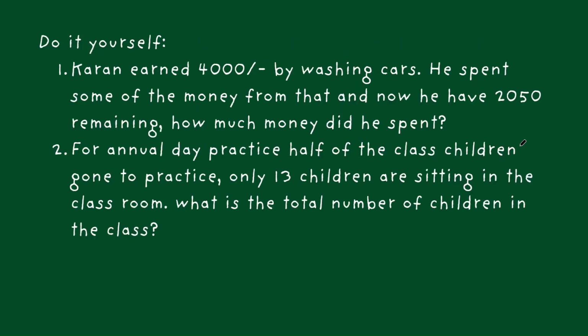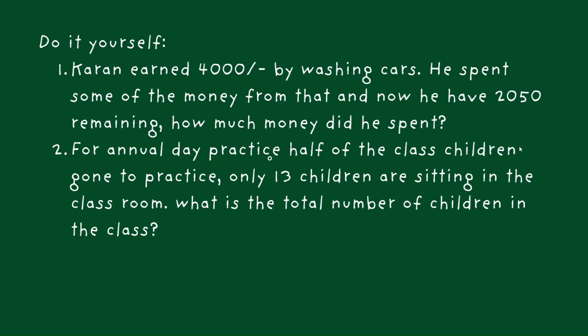Next, do it yourself. You have to derive the equation from these given sums. Karan earned 4,000 by washing cars. He spent some of the money and now he has 2050 remaining. How much money did he spend? Next one.